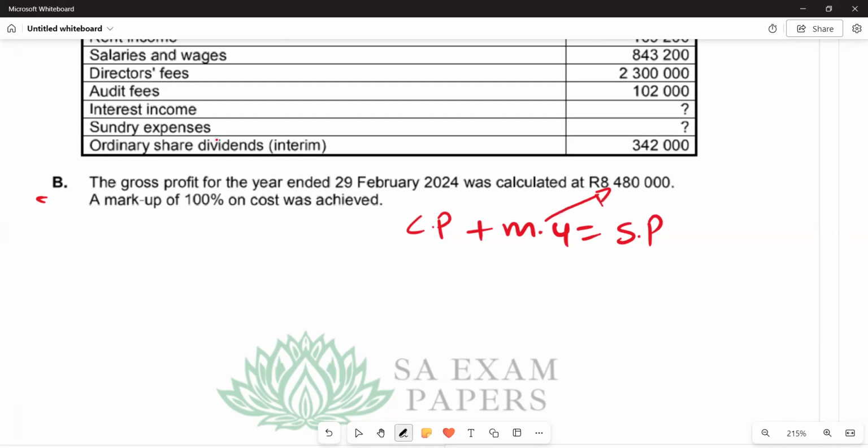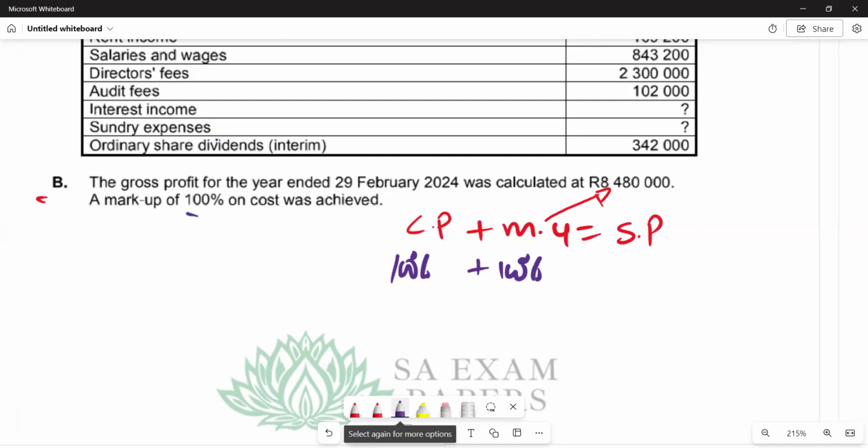But in terms of proportional representation using percentages, the cost price is always 100%. So we say cost price is 100%, and we're given the markup as 100%. If you say plus 100%, you get 200%.